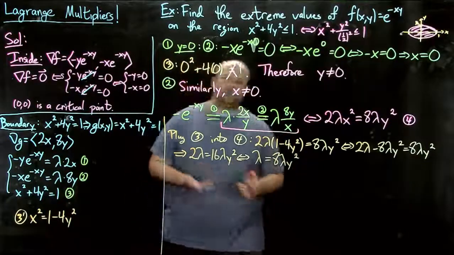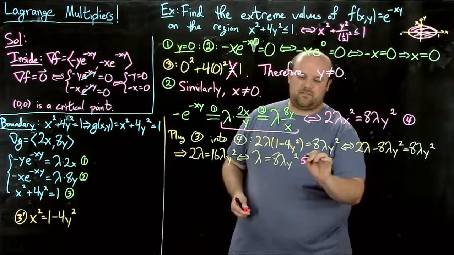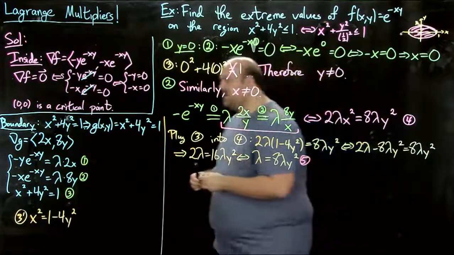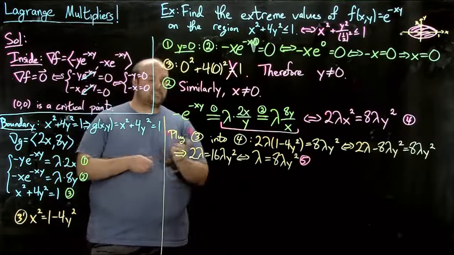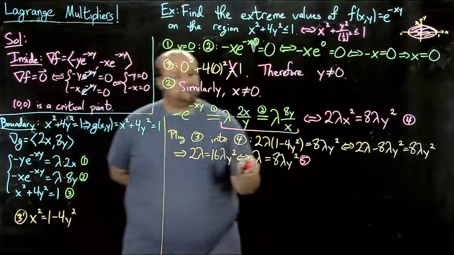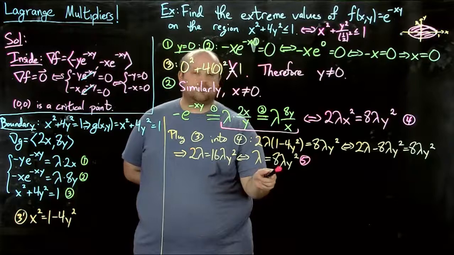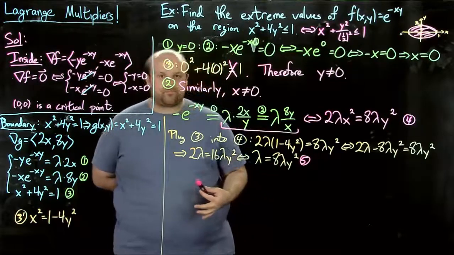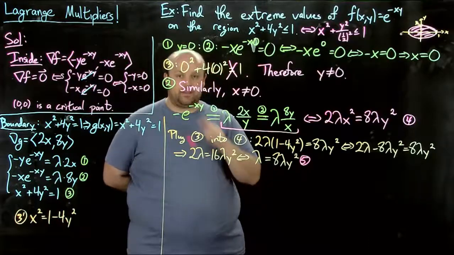All right, now we have this new guy. Let's call this 5. Right? Now, this is a little bit easier to deal with. So in here, one of two things will happen. If lambda is 0, then this is always true. If lambda is not 0, then we can get some information about y.